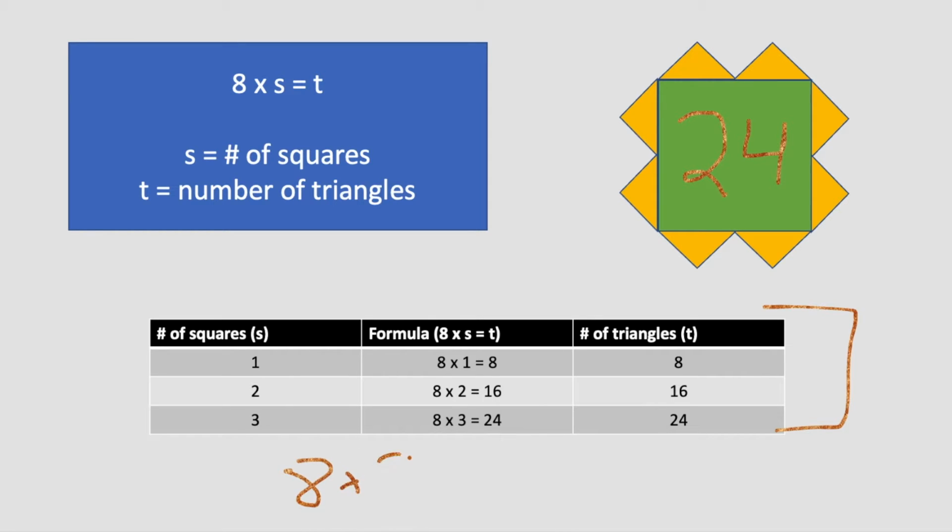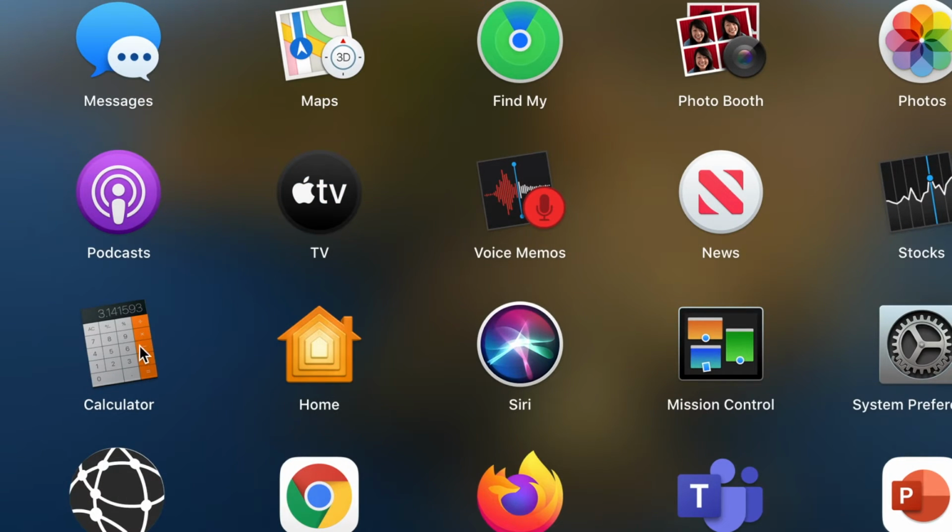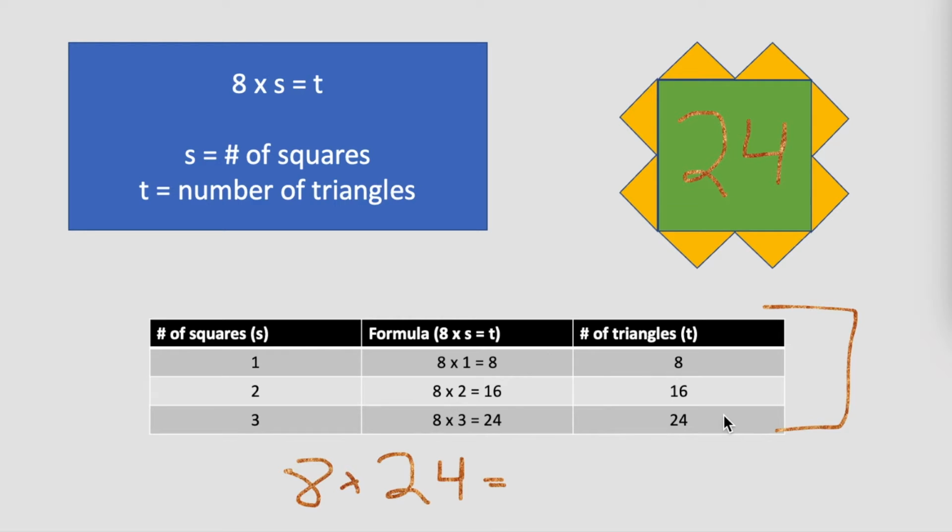So 8, I have 24 squares, and then I can just use a calculator and go 8 times 24, and that's going to give me 192 triangles. So my triangles would be equal to 192. I can just plug that into the formula. I don't need to keep systematically going through my table in order to figure that out.